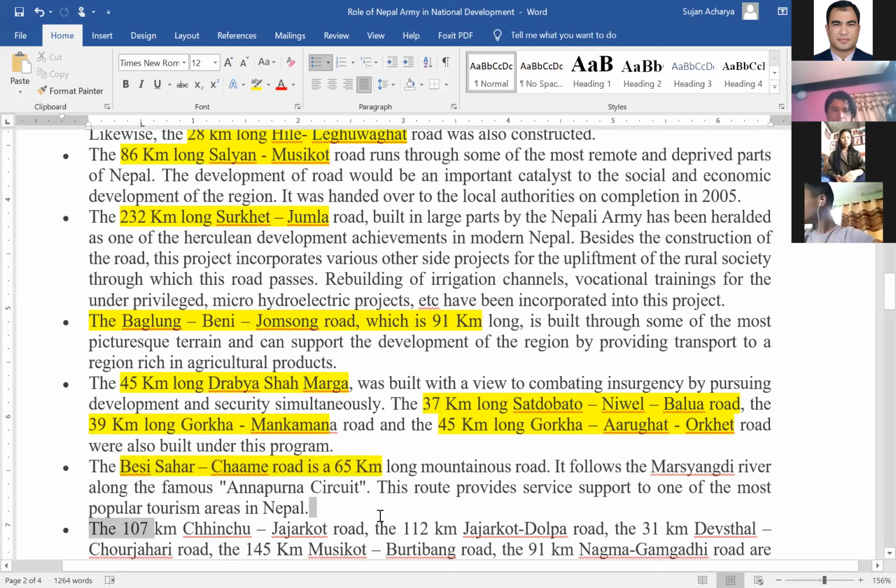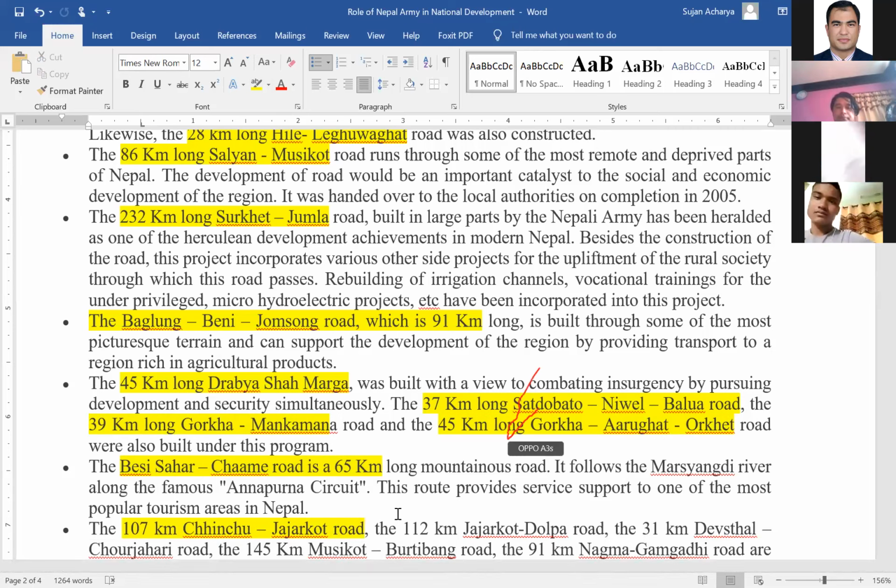And pick out any 4, 5, or 6 of these names of the roads and their length. Pick out 4 or 5, then you have one paragraph. Oppo A3, don't annotate on the screen.